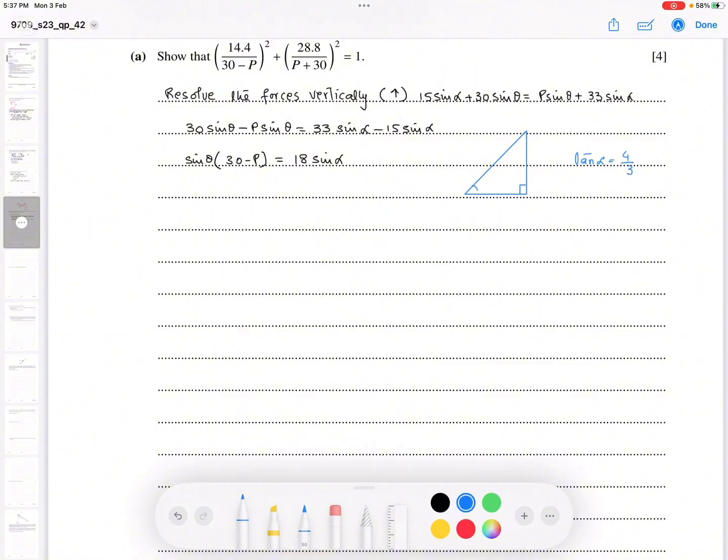So if I place alpha here, my tan is opposite over adjacent, means 4 here and 3 here. Whenever you have the values 3 and 4, no need to use the Pythagoras theorem. You can straight away write hypotenuse as 5. This is for the values 3, 4 and 5 only. So from here I can find the value of sine alpha easily. Opposite over hypotenuse, sine alpha would be equal to 4/5.